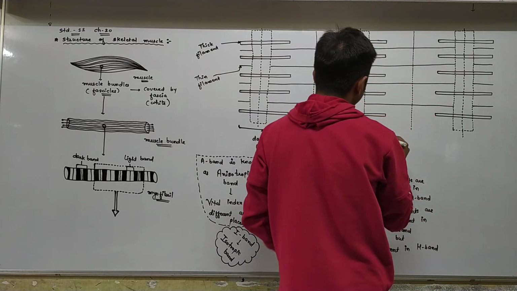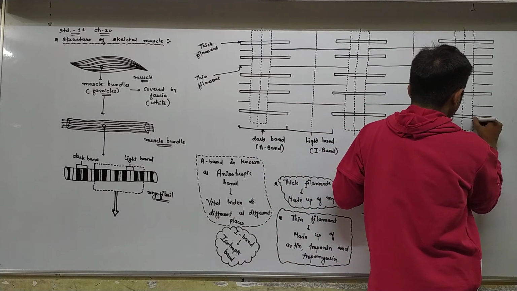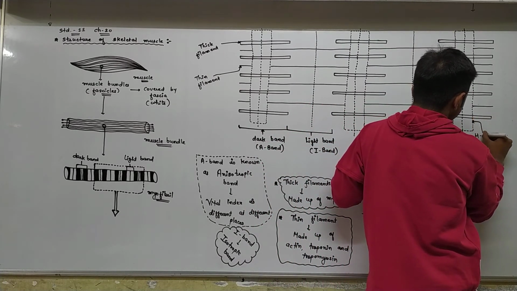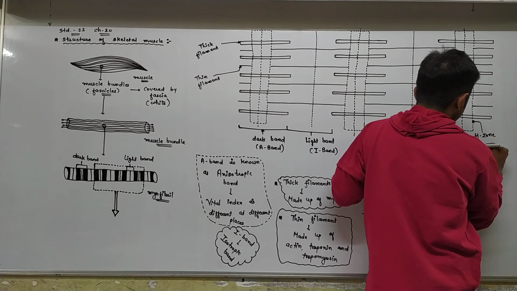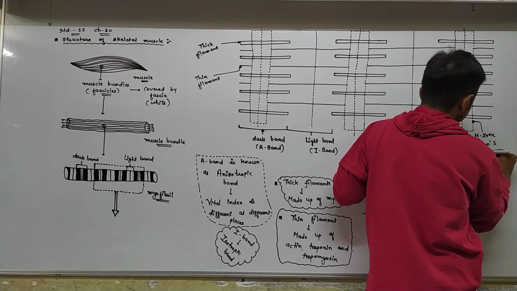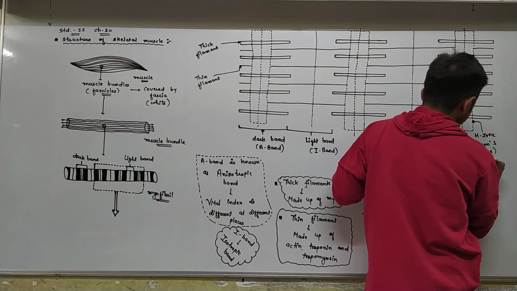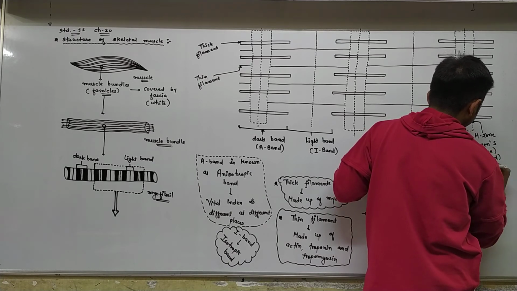where thin filaments are absent, this is known as H zone, or Hansen's zone, also known as H band.